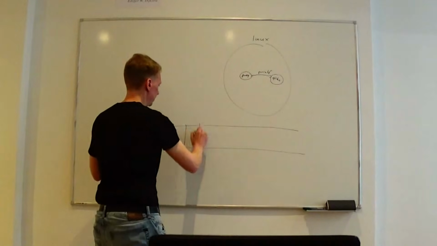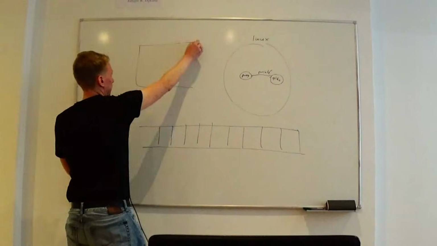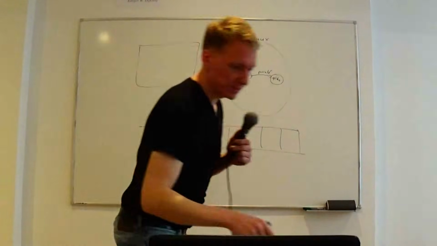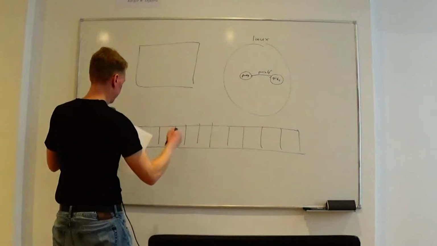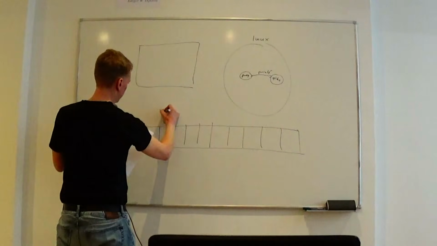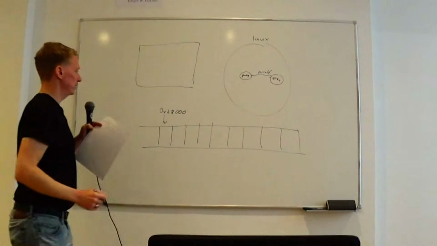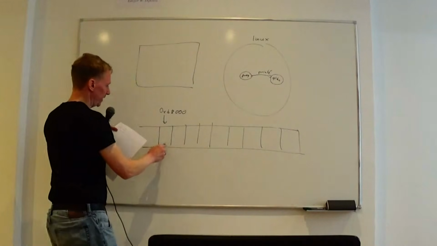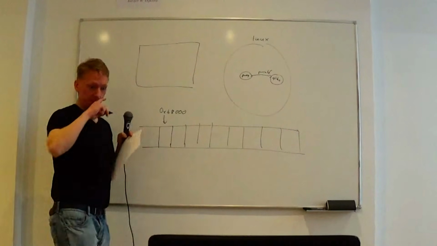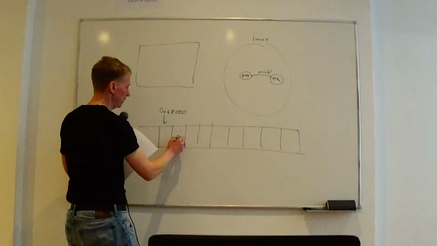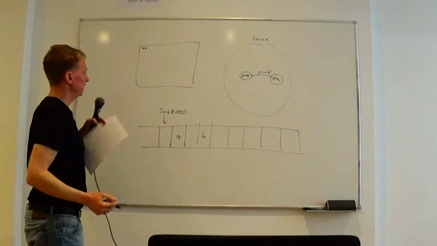If this is your RAM and this is your screen, there is a specific memory location, the location with the hexadecimal address 0xb8000. Whatever you write here will be put on the screen by the graphics card. So if you write an A here and a B here, then the graphics card will write AB on the screen.